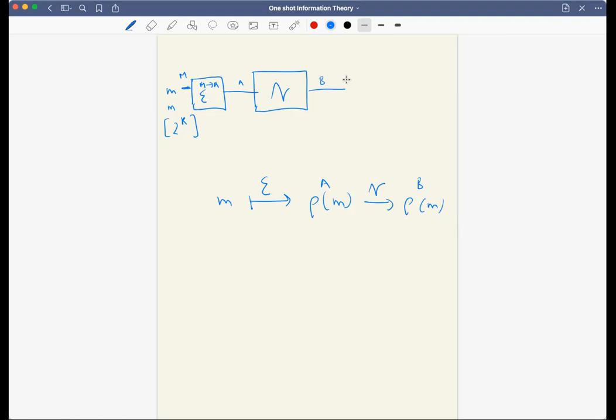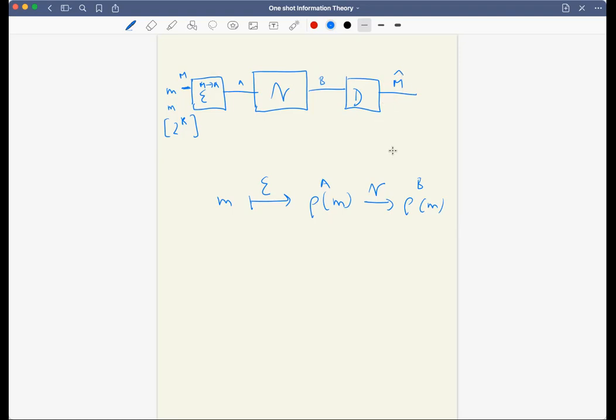And now this will go through a decoder. The decoder is also a CPTP map, and the output of it will be classical. In other words, the output will be a probability distribution on some symbols.